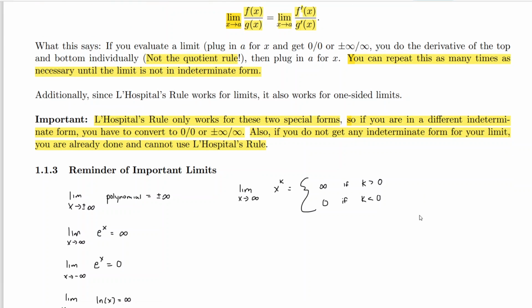And what you don't want to do is forget all those limit rules that we talked about before. So we had quite a bit before, and we pretty much developed a strategy to doing any limit, which was plug in the number. If we got 0 over 0 or infinity over infinity, because that's really what we had back then, we had to algebraically manipulate or do something to solve the problem.